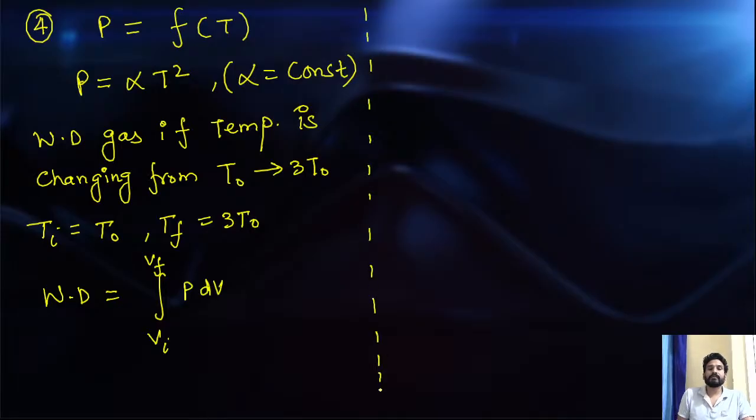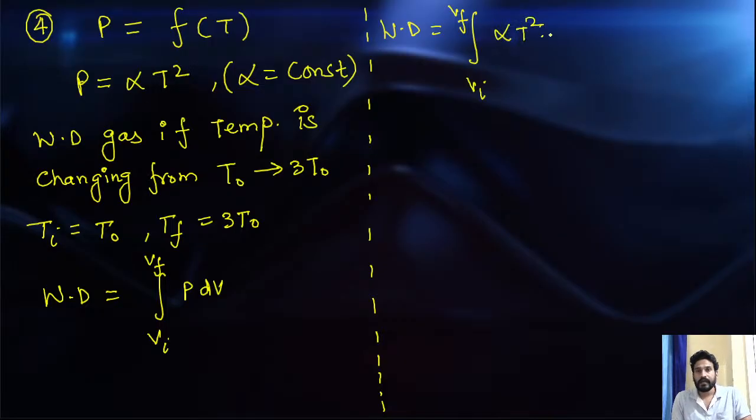Work done is equal to integration from V initial to V final. It's your choice, you can mark V1 to V2 or V initial to V final. Instead of P, put the value alpha T square into dV.